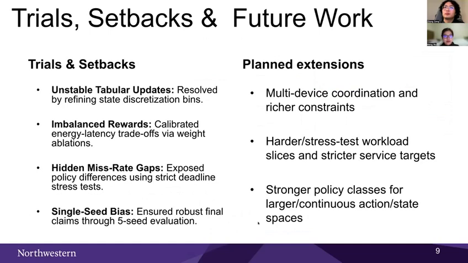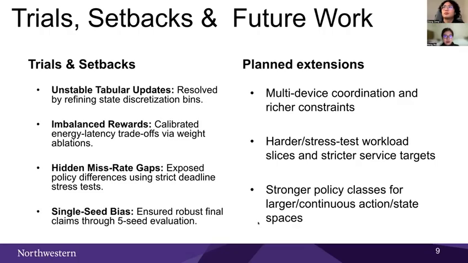Before reaching our final conclusions, we encountered a few setbacks, but we managed to resolve them. First, we faced unstable tabular updates. We solved this by carefully refining the state discretization bins to stabilize the training. Second, we had imbalanced rewards.